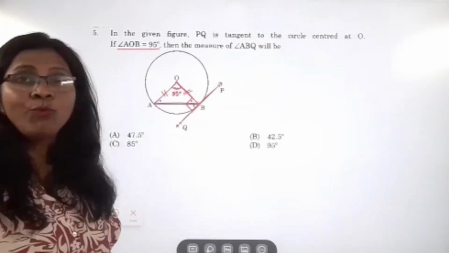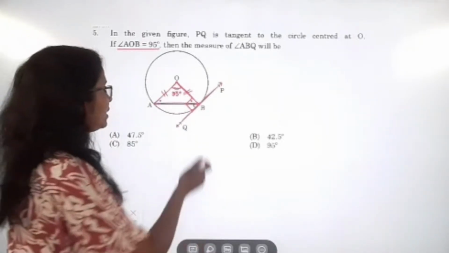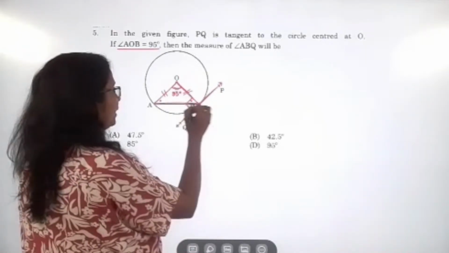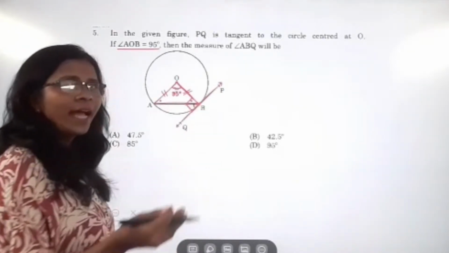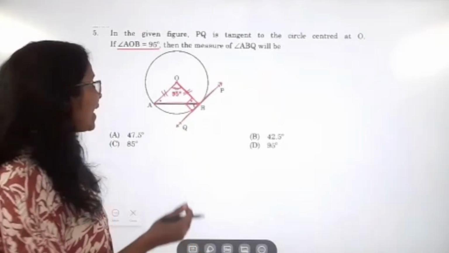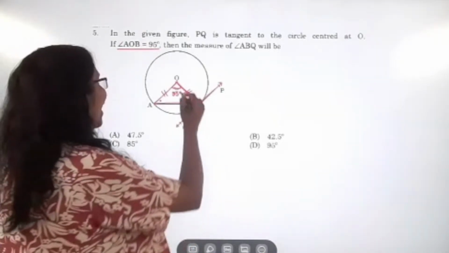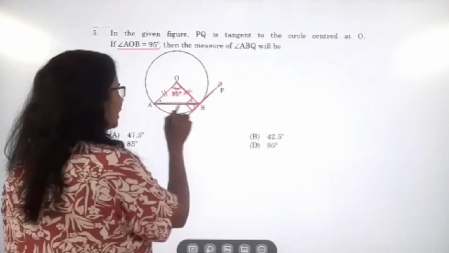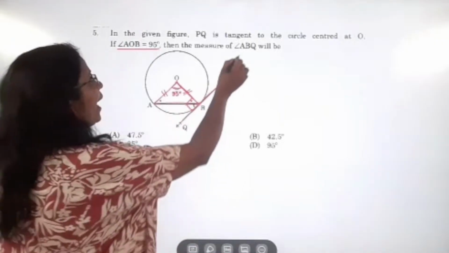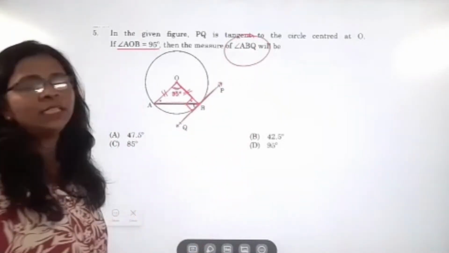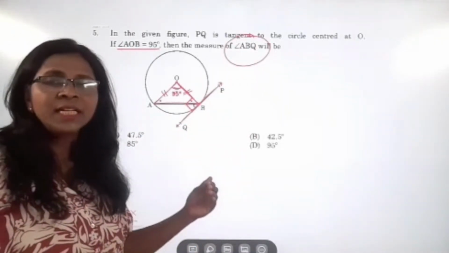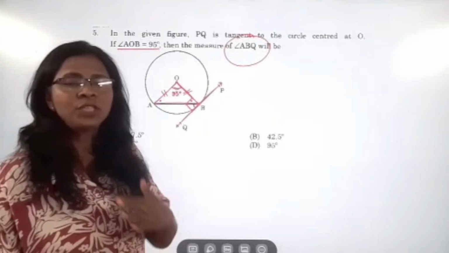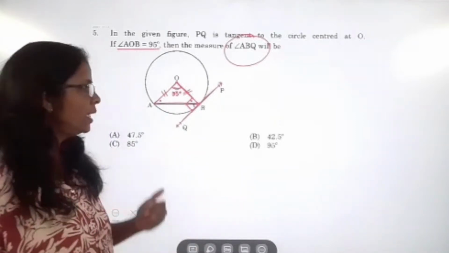So we can find out this angle OBA. After getting the angle OBA, we can calculate the angle ABQ, and that is what we have to calculate. So these are the steps. So stepwise we can carry out this example.